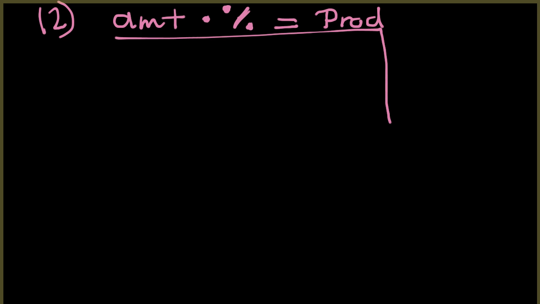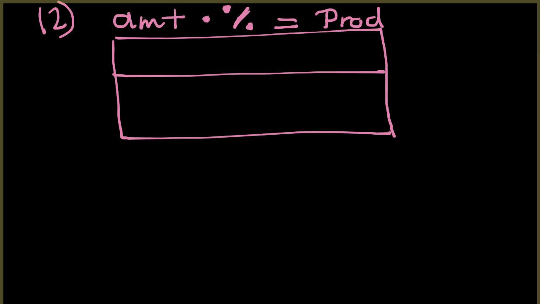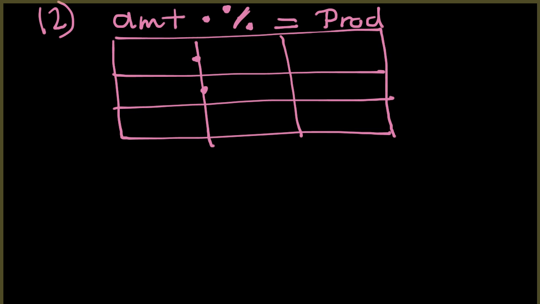Okay. Remember, we add going up and down to get the mix. All right. And we multiply going across.